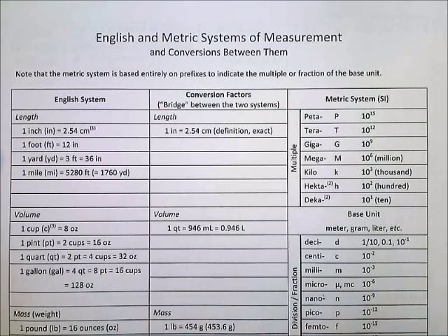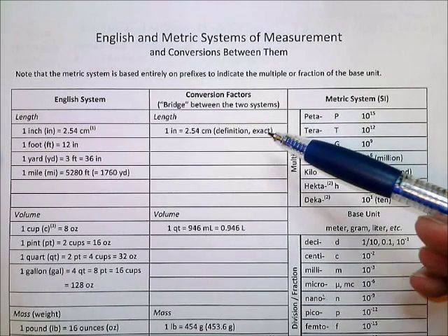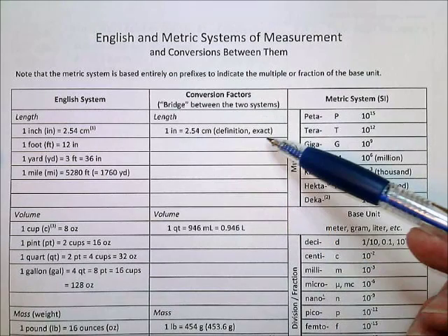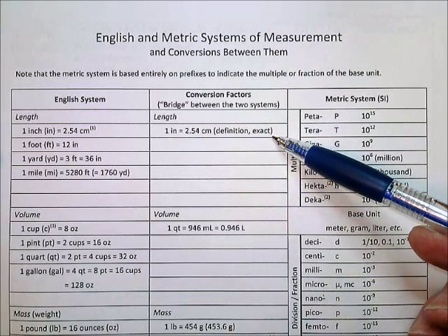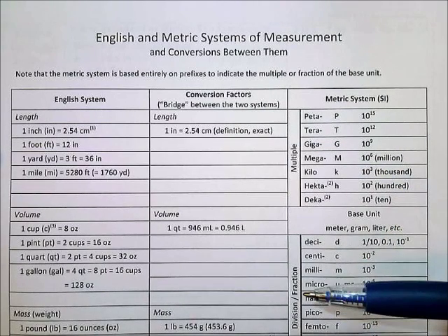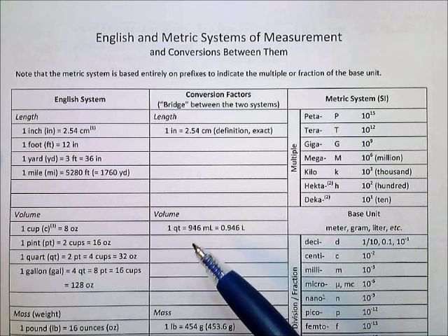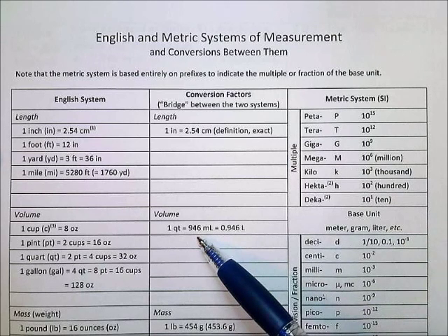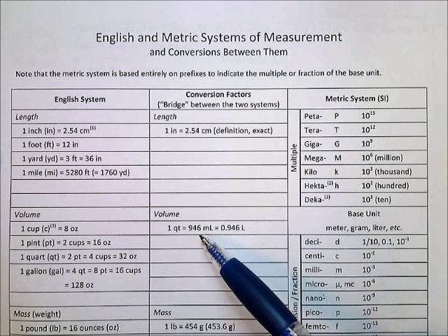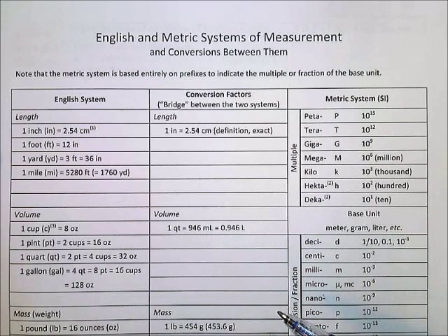I require my students to memorize 3 conversion factors. One for length: 1 inch is equal to 2.54 centimeters. That's by definition. It's an exact number, so there are as many zeros after that as we need. One for volume: a quart is equal to 946 milliliters or 0.946 liters. That's 3 significant figures. If you need more than that, it's available.